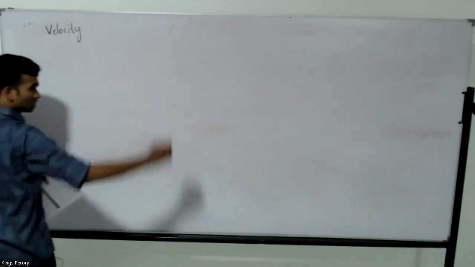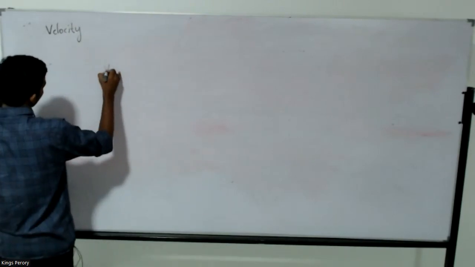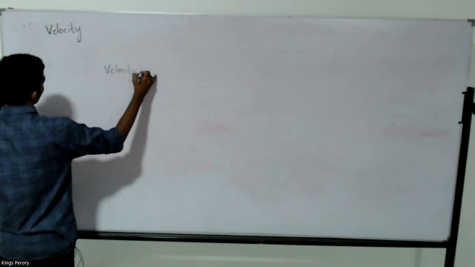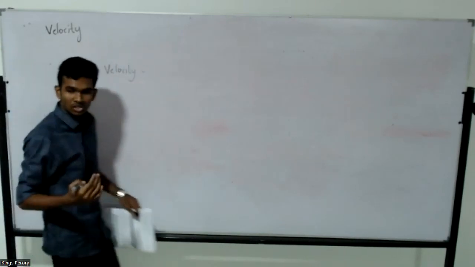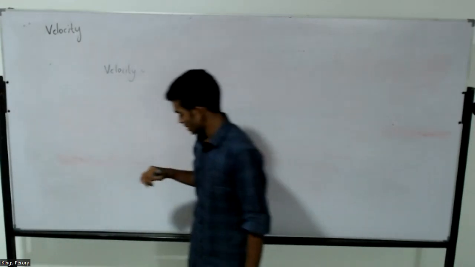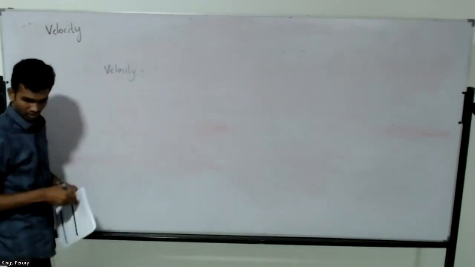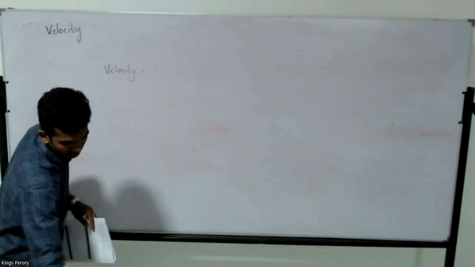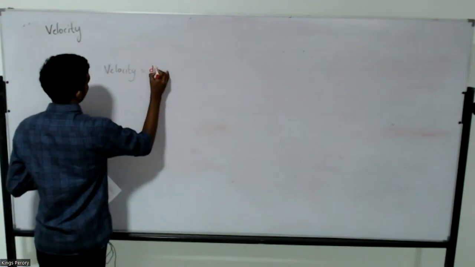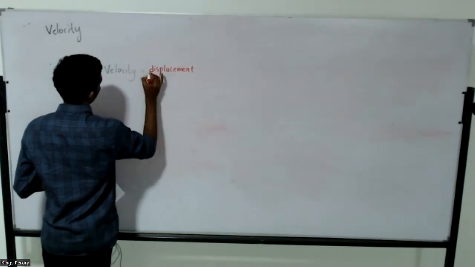People, velocity is also similar to speed, but the equation for velocity is different. The speed equation was distance divided by time. The velocity equation is displacement divided by time.